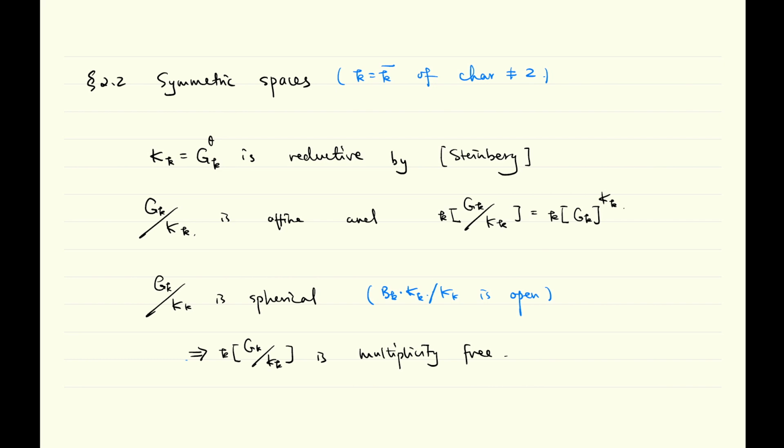And because it's reductive, the geometric quotient is always affine, which just means the coordinate ring is precisely the K-invariant functions. And we also know this is spherical, which is to say that our choice of Borel has an open orbit, or equivalently, this coordinate ring is multiplicity free. Again, what I mean is the B-eigenspace is always one-dimensional.